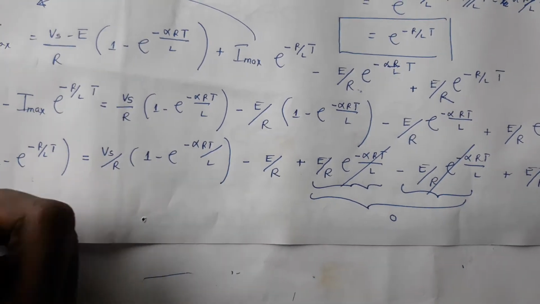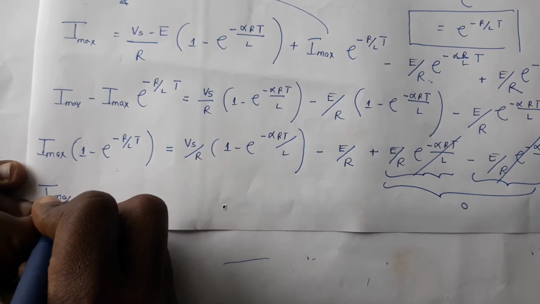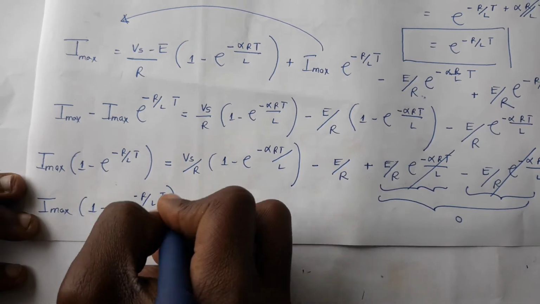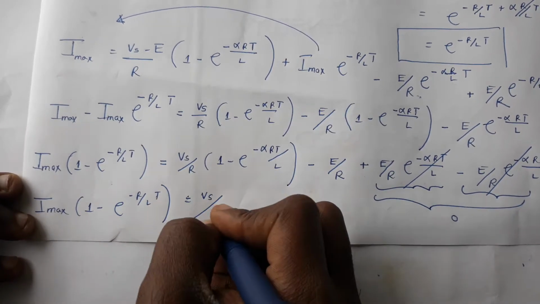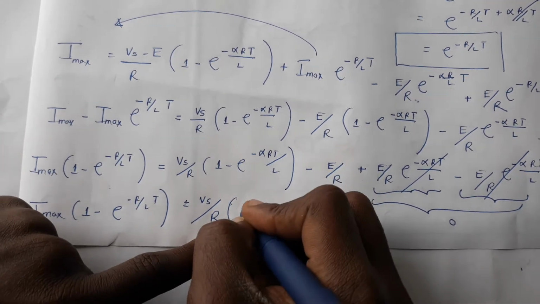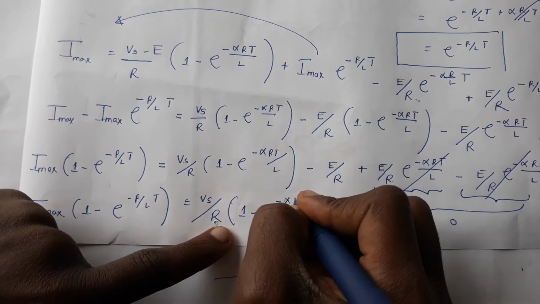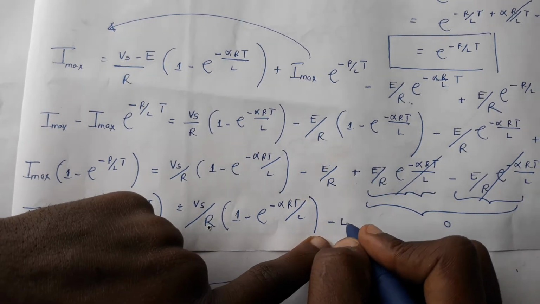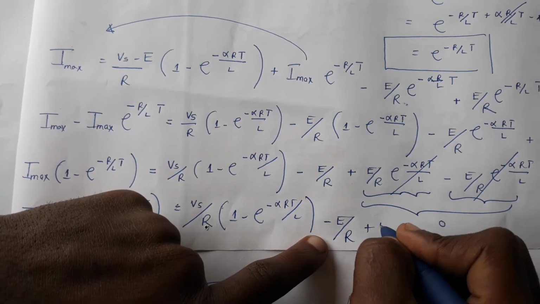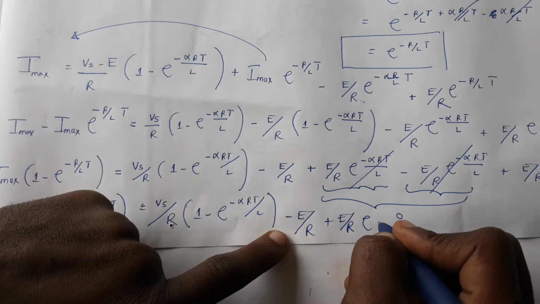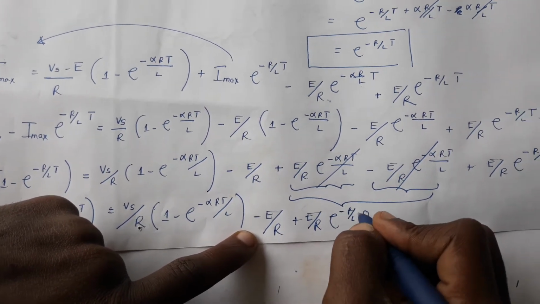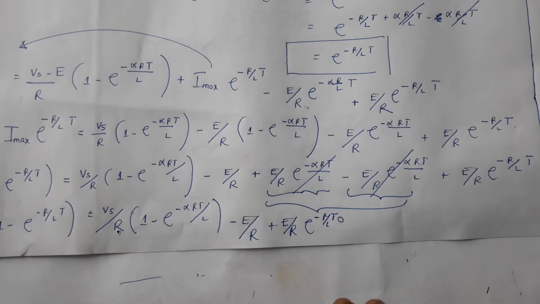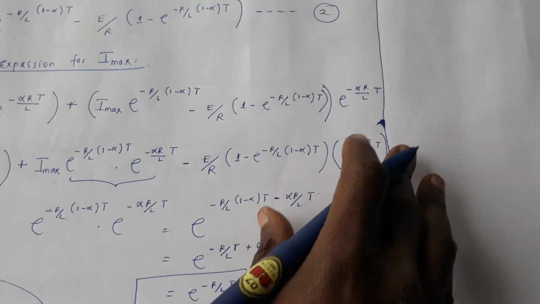So we have Imax into 1 minus exponential minus R over LT is equal to Vs over R, 1 minus exponential minus alpha RT over L, minus E over R, plus E over R, exponential minus R over LT. Okay? So, we can also substitute.